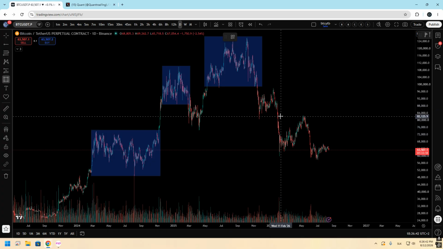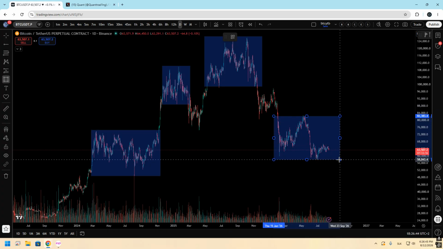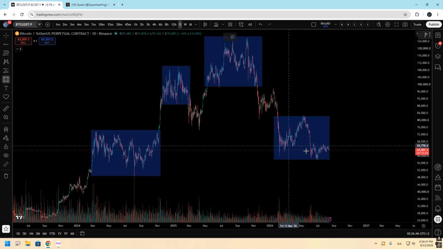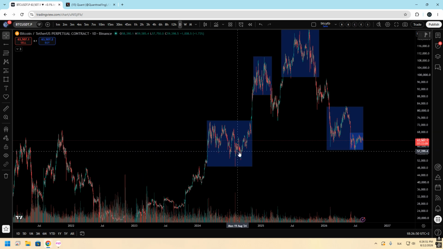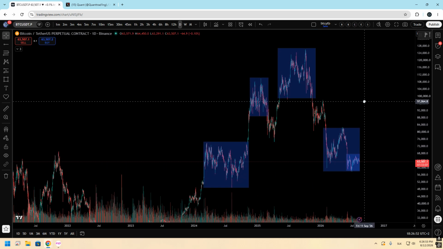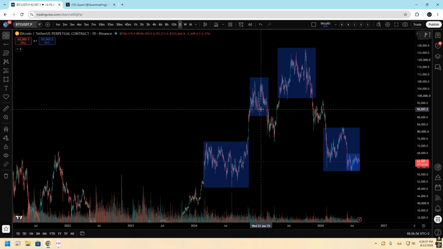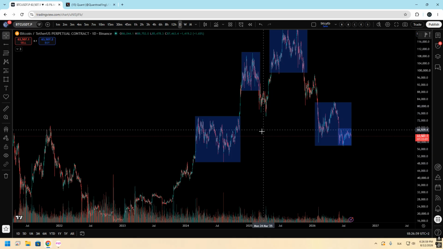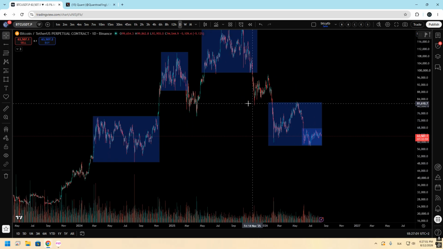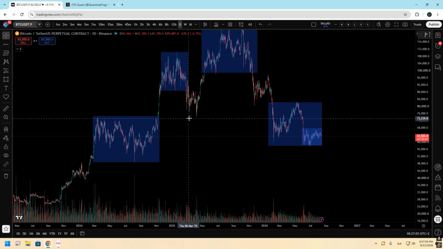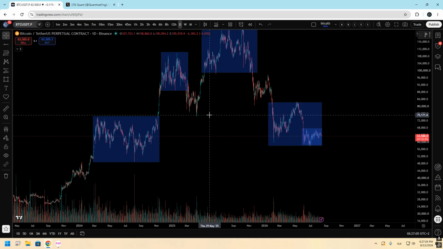And here is also some range. And now we are currently building a smaller range inside a bigger range. So this is it. I recommend you not force the range on the chart. Let price prove to you that the range exists.